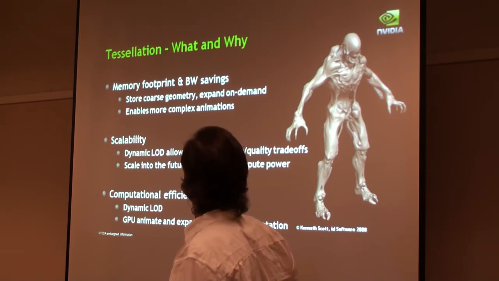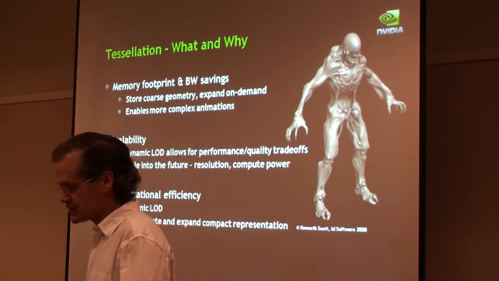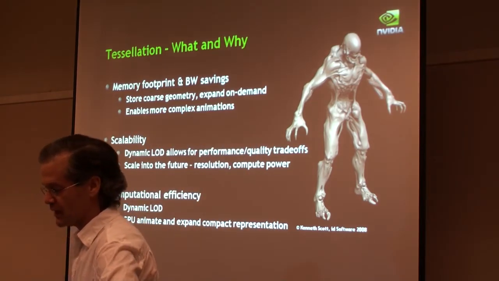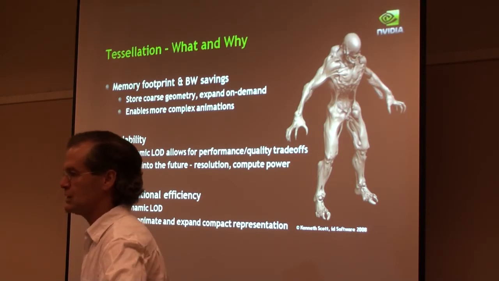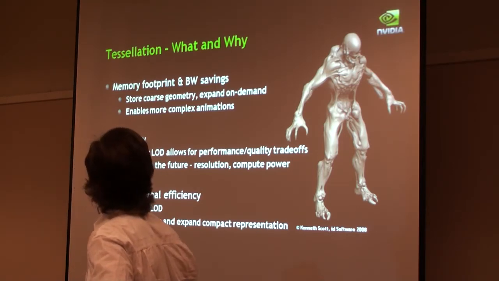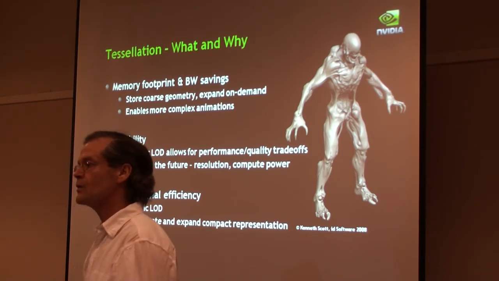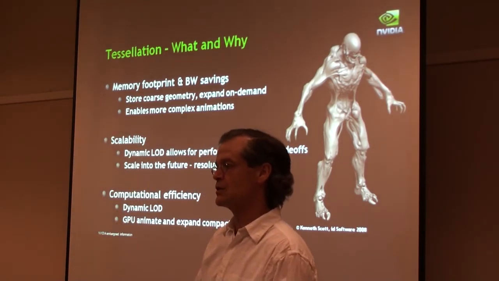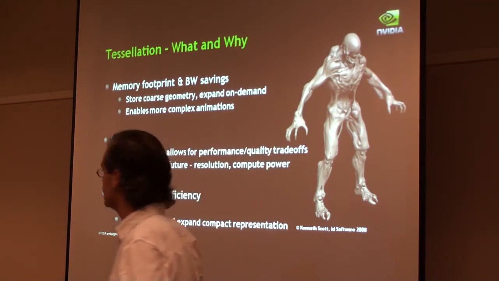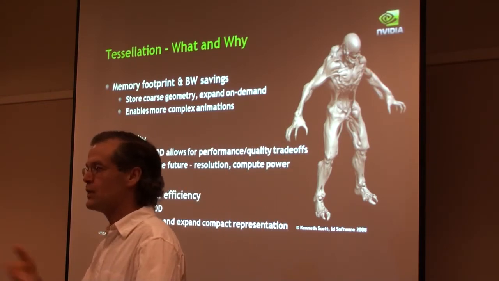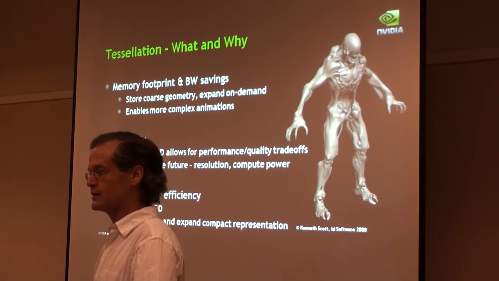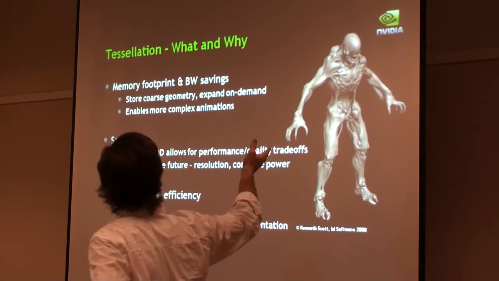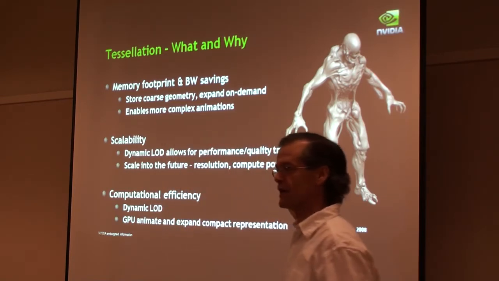Okay? Now, the benefit is that, from the perspective of manipulation and footprint in memory, it's a very compact representation. So you have bandwidth savings going across the bus from the CPU to the GPU. You also have pin bandwidth savings because all of the expansion is done on die. So this huge geometric complexity never sees DRAM.